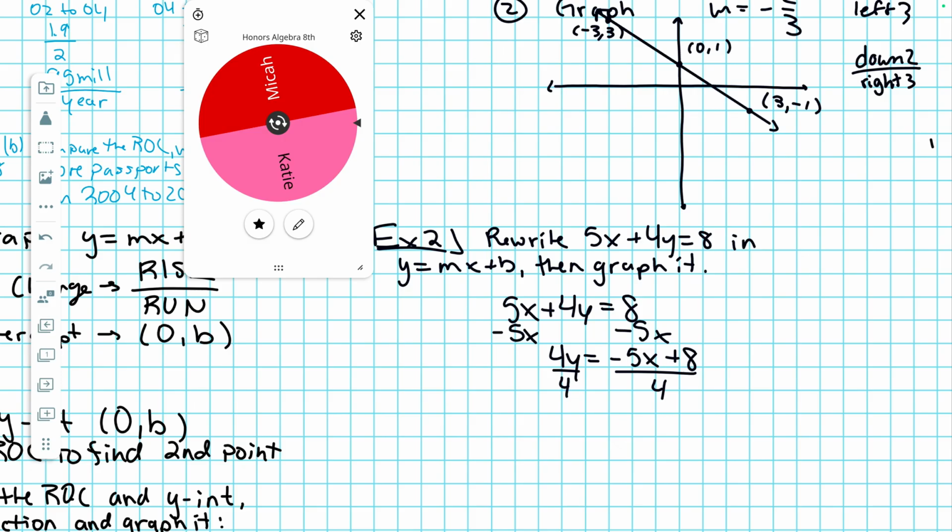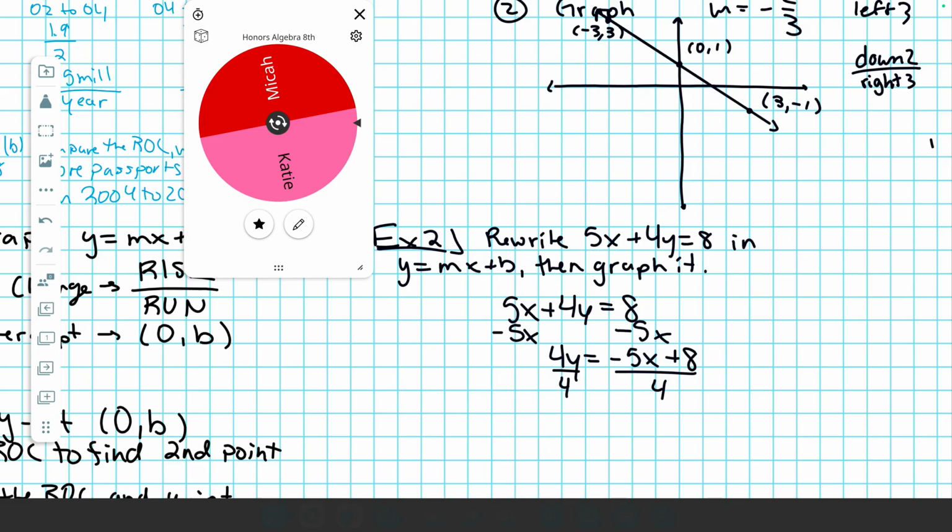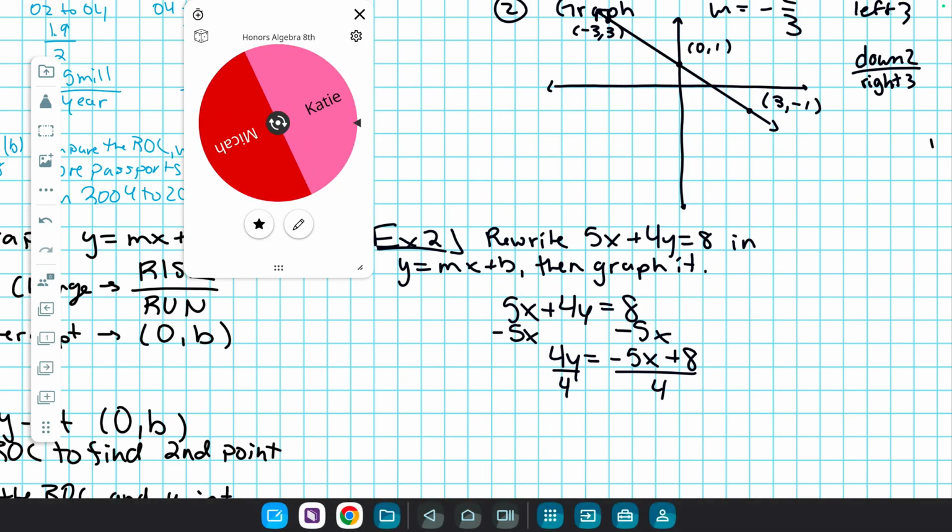All right. Now, let's see who gets. All right. Katie, how am I going to rewrite this so it looks like y equals mx plus b?